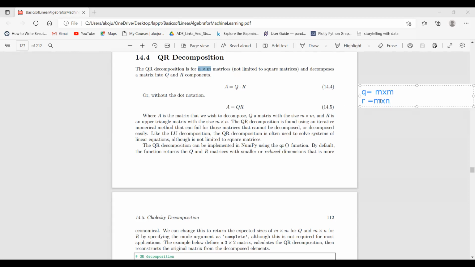That's why we are decomposing A into two matrices, where Q is m by m, a square matrix, and R is m by n. Here the m columns in Q equal the m rows in R; only then is matrix multiplication possible. So that's how we find A. This is also one of the decompositions, that is QR, which we use when the matrix is not square.